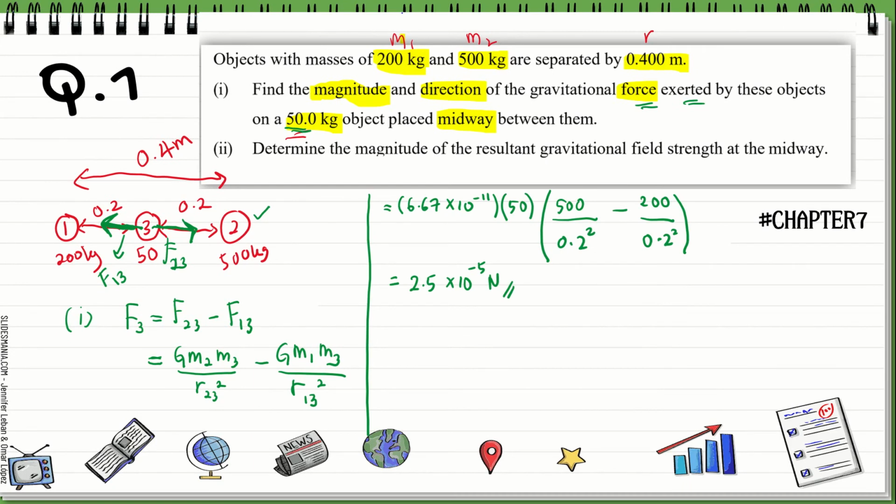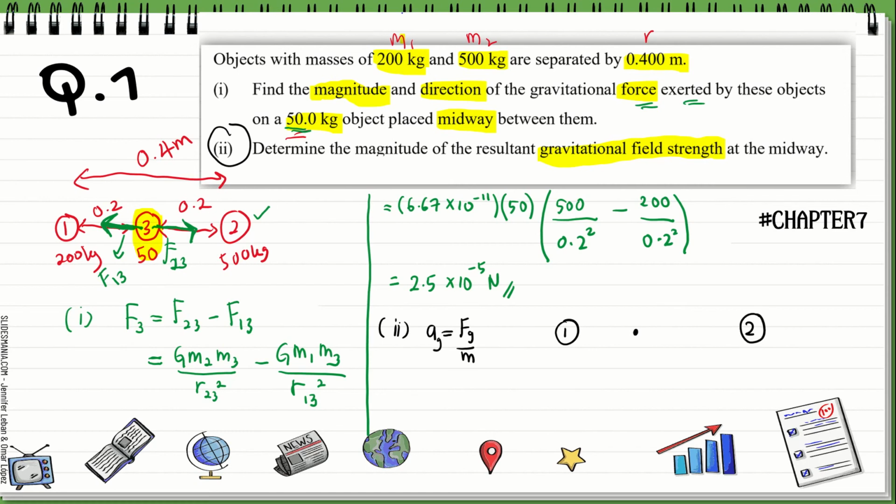Okay, the second question: determine the magnitude of the resultant gravitational field strength at the midway. So again, we want to focus at the midway, but this time we want to calculate the gravitational field strength. The symbol is a_g. I hope you still remember that a_g is equal to gravitational force over M. As the question asks for the same position, which is at the center, this is our mass number 1 and this is our mass number 2.